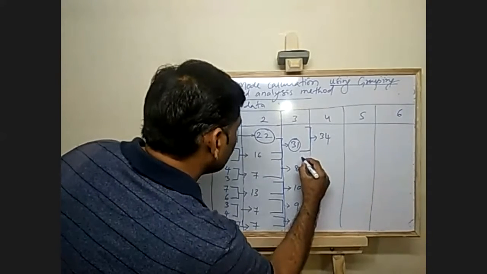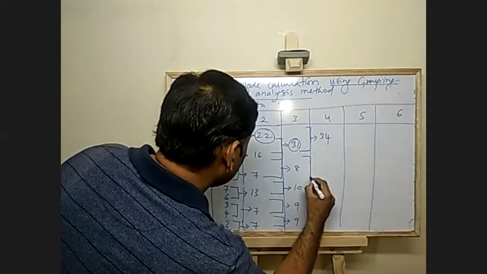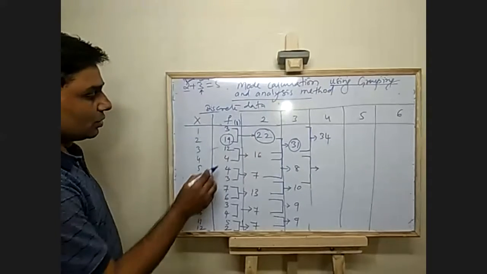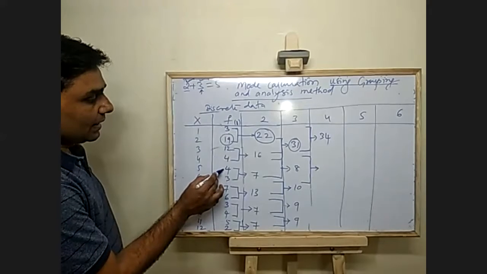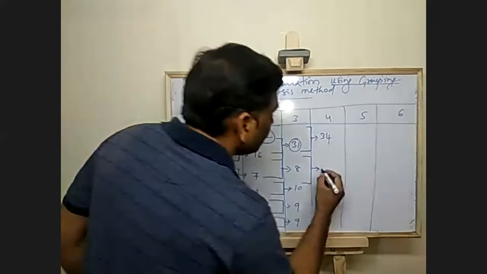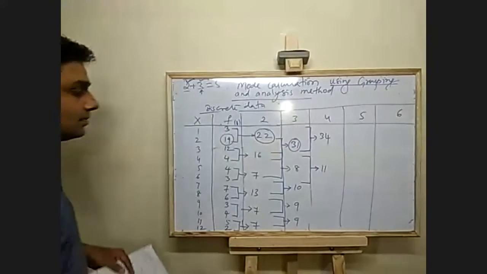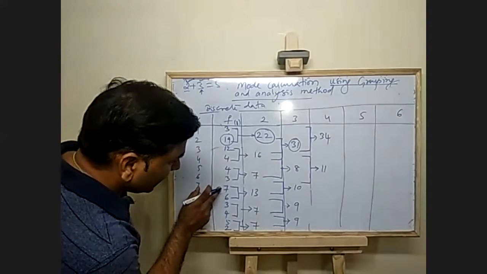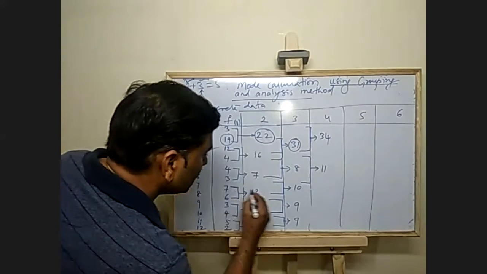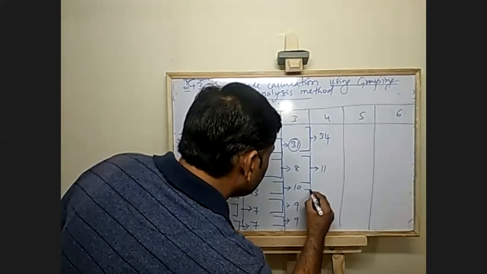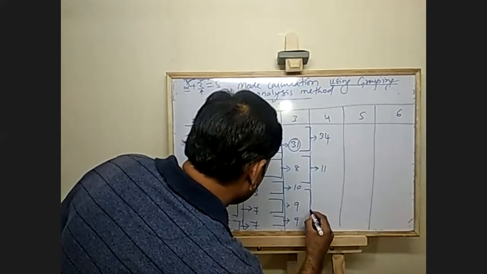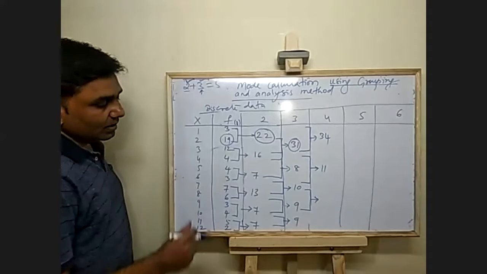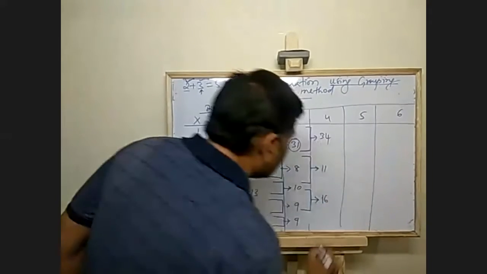So you add it. 4 plus 4, 8 plus 3, 11. Okay. Next pair, 7, 6, 3. How much is it? 7 plus 3, 10 plus 6, 16.